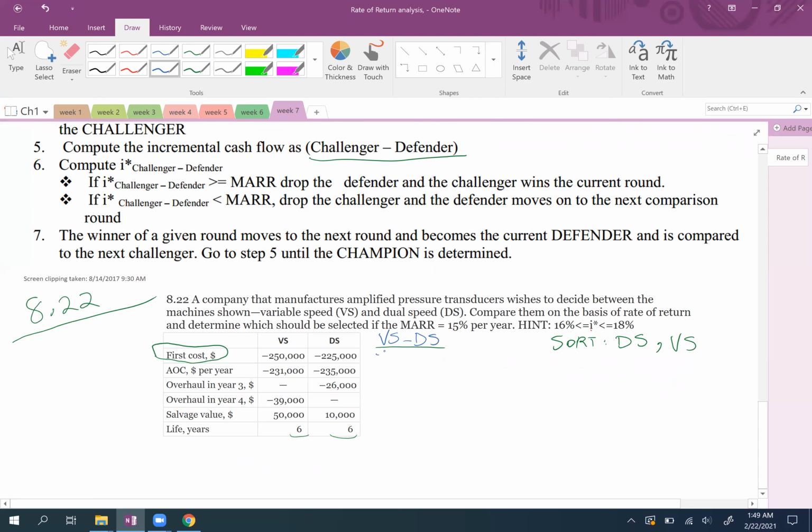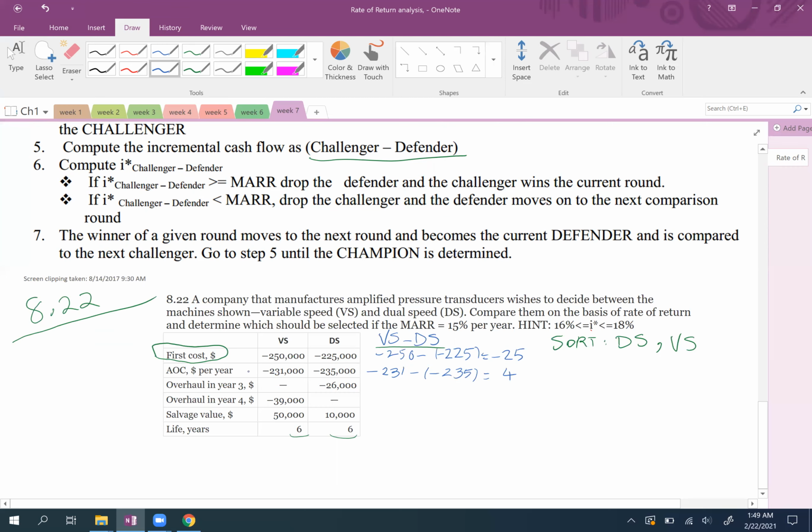So negative 250 minus negative 225 will be negative 25. Negative 231 minus negative 235 will be 4.